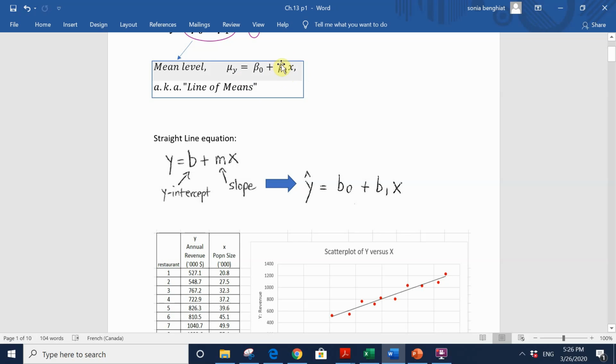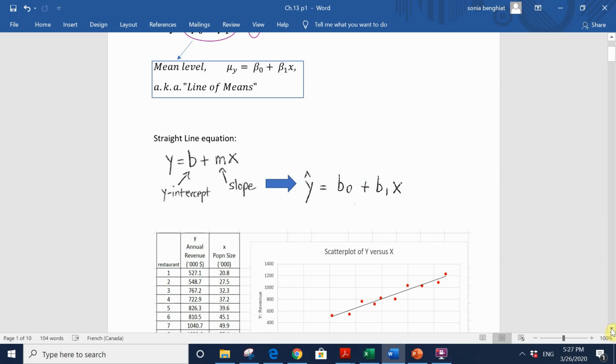On the other hand, if my beta 1, or my slope, is negative, then you can interpret the beta 1 to be a measure of the change in the mean level of y for every unit increase in x is negative. Okay, so that's just a little note that I want you guys to remember here.